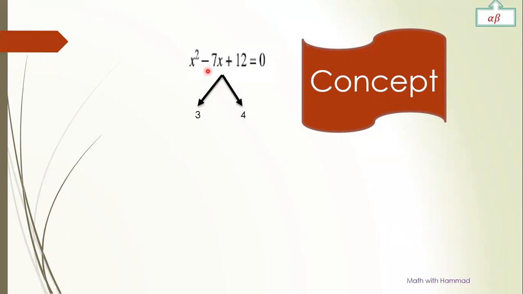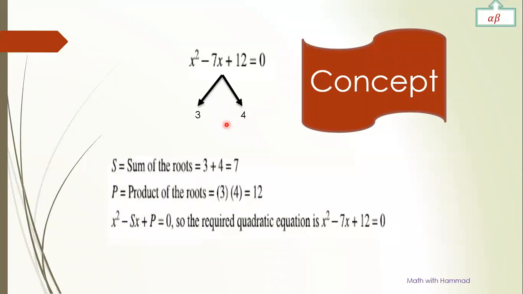After solving this equation x square minus 7x plus 12 is equal to 0, we get two roots 3 and 4. Now back step. Suppose that we have two roots given, 3 and 4. Sum of the roots will be 3 plus 4 is equal to 7, and product of the roots 3 into 4 is equal to 12.